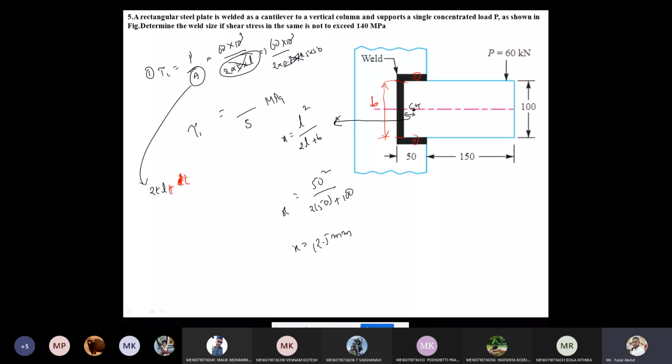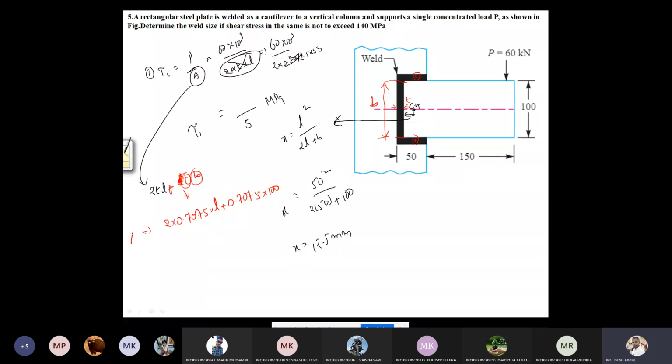So this is the B and this is the throat thickness T. So B into T, where T means 0.707 S. I'm writing here 2 into 0.707 into S into L plus T value 0.707 into S into B value 100.